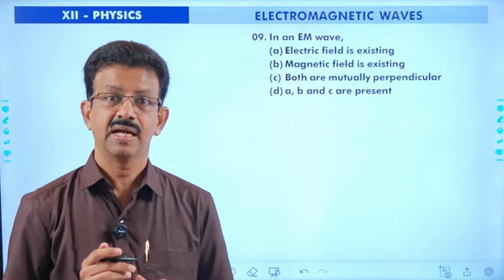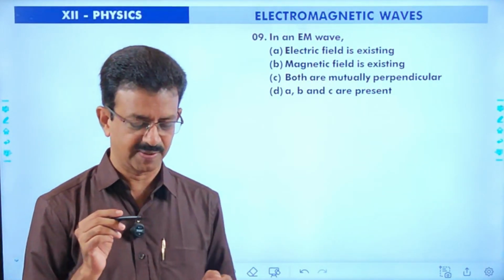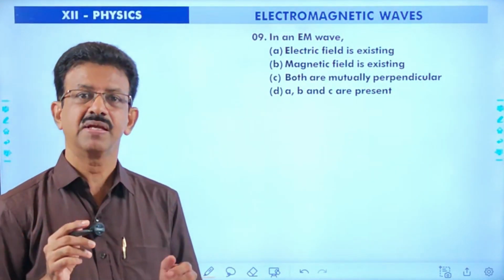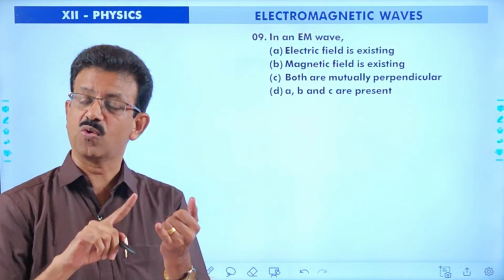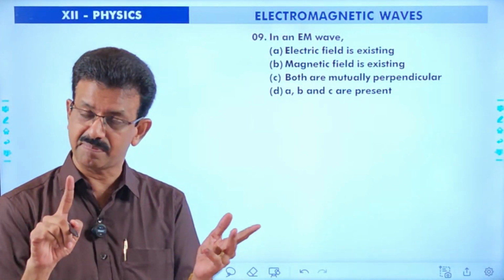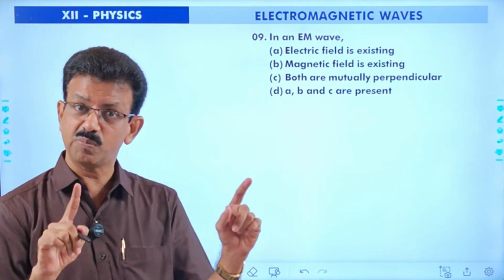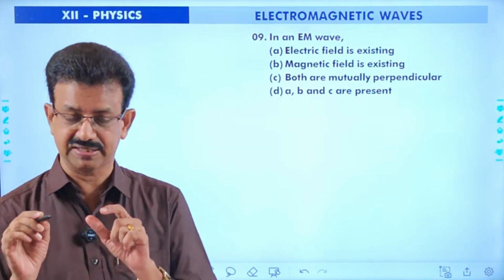Question number 9. In an EM wave, we have to check the choices. I have already told that an electromagnetic wave consists of electric field and magnetic field in perpendicular directions, and the propagation direction is perpendicular to both the electric and magnetic fields.